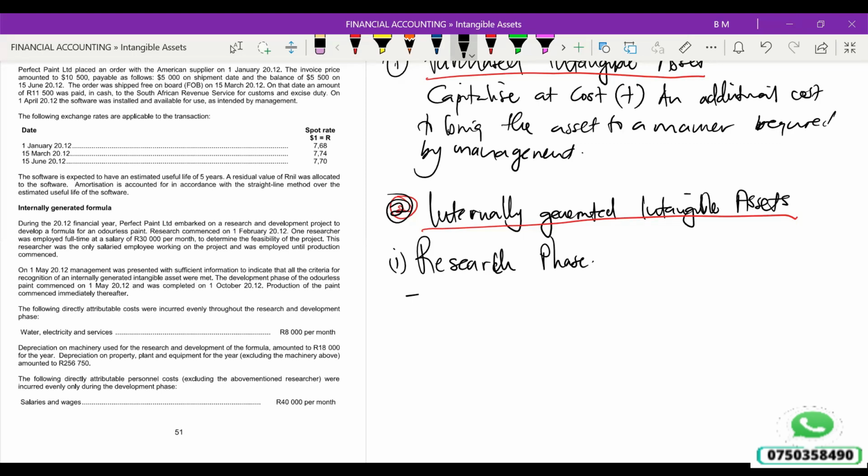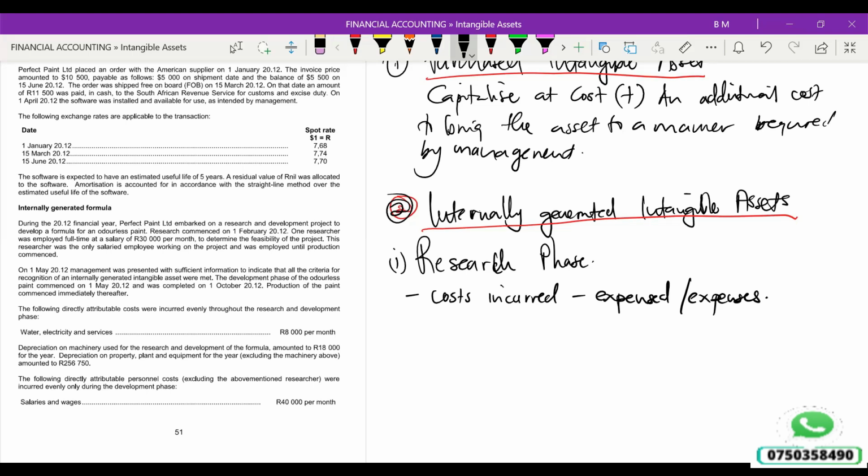There is a probability that we might go on to manufacture the asset or we might not. So the costs that are incurred at this phase are all expensed. You don't capitalize the research cost. All research costs are expensed.